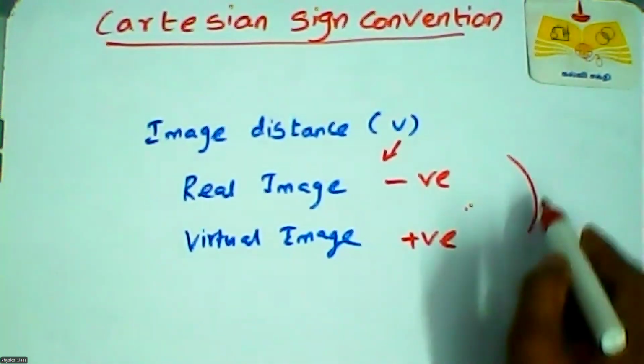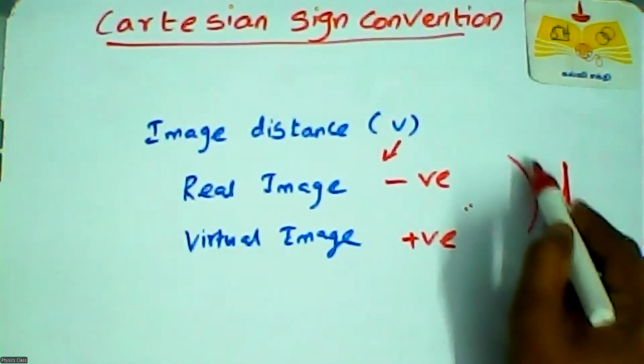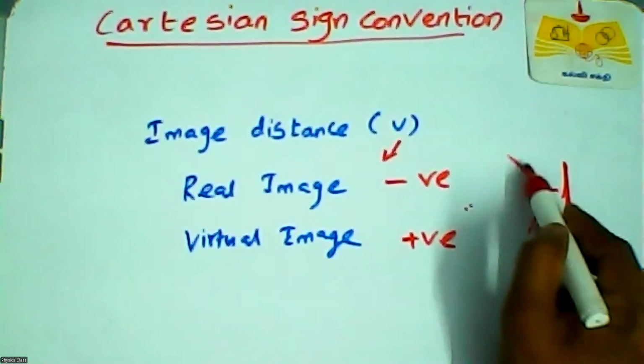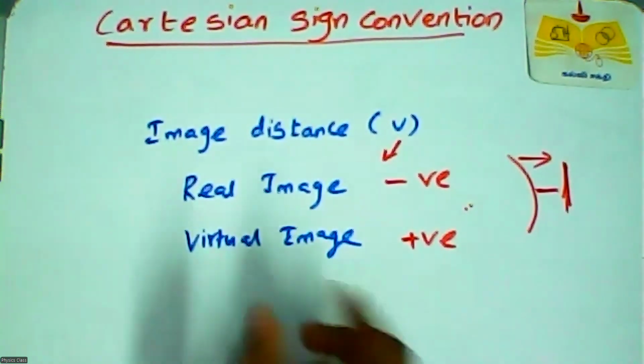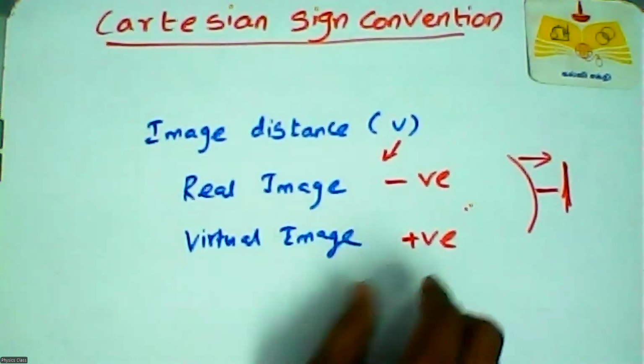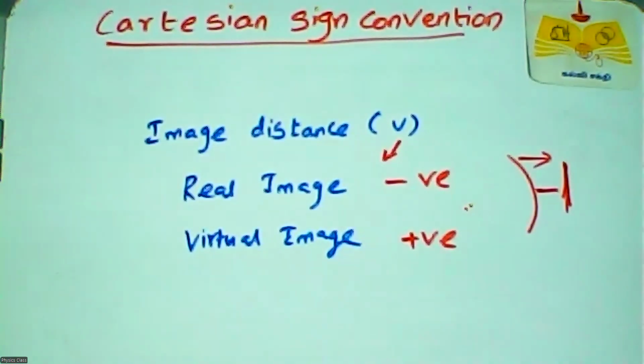For a virtual image, the image is formed behind the mirror, so we measure the image distance along the incident ray direction. That's why we put a positive sign for the virtual image. Is it clear?